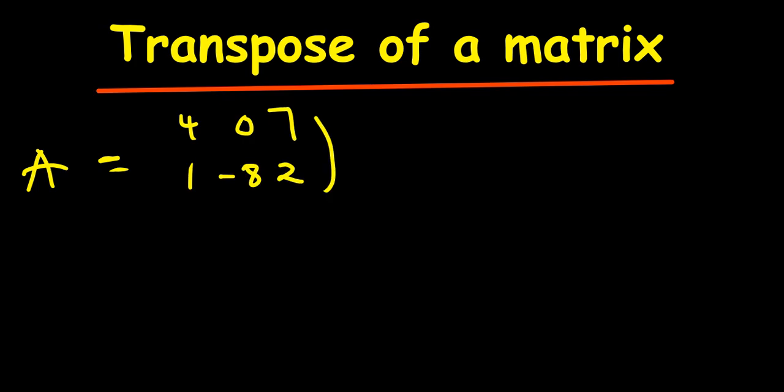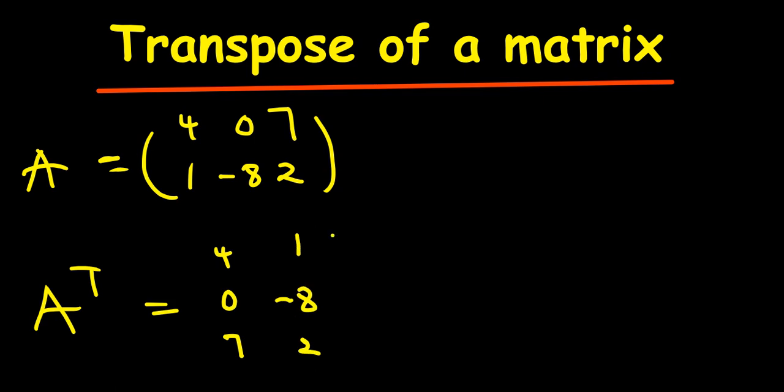This is my matrix A. Then my A transpose will just be equal to 4, 1, 0, minus 8, 7, 2. So this here will be my transpose. Alright, so any questions, guys? Any questions?